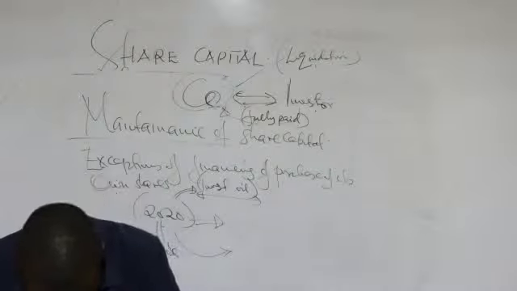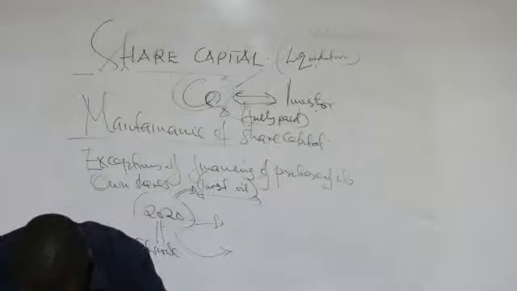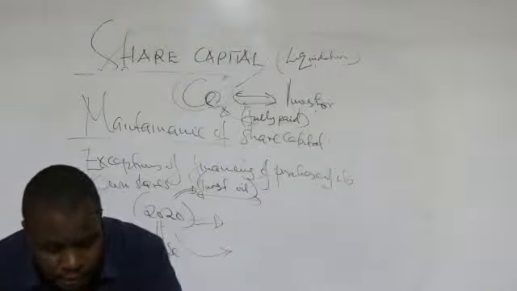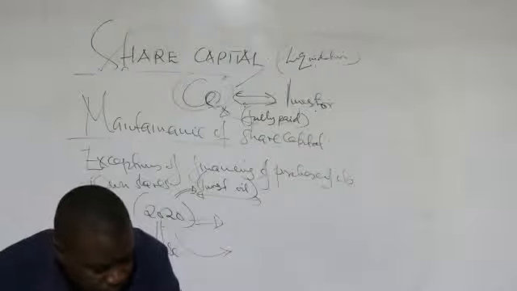Yes, you can try that one. Give me the answer there in the chat. I want to see if you guys can actually get these things. Redemption of preference shares. Helen, what about Helen? What do you say? Anastasia, what do you say?